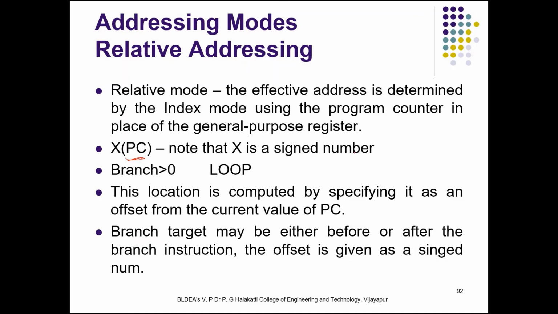Now X is a signed number. This X constant is a signed number. Such a statement is used whenever we perform a branch greater than 0 statement, which we have seen in the previous example. In such statements, this type of relative addressing mode is used.